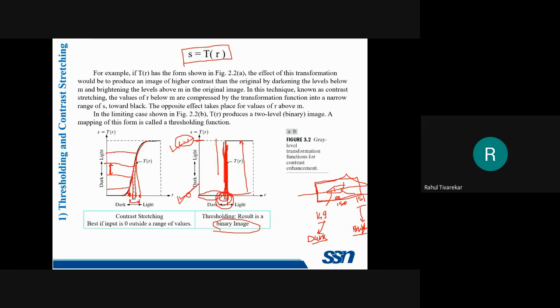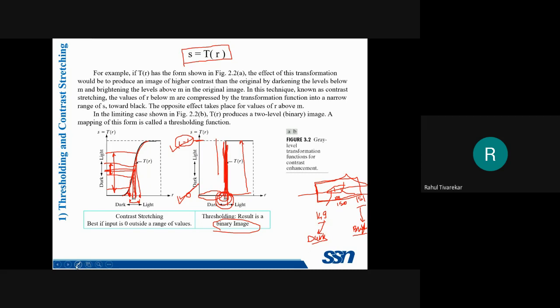But when I converted to the output image, the separation got even larger. So all the samples close to M, which are separated by small distances, I am moving farther away with respect to intensity M. This is the intensity M on the input image.